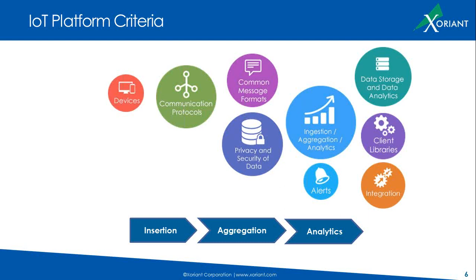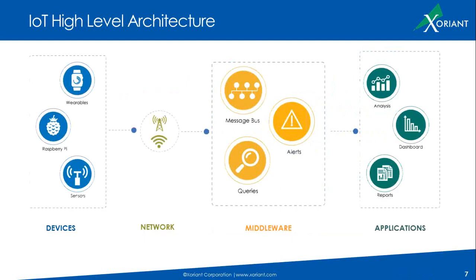Here we saw a general layering of the different criteria that you need to look for while selecting an IoT platform. What we have now on this slide is a layered architecture, giving you another high-level view.